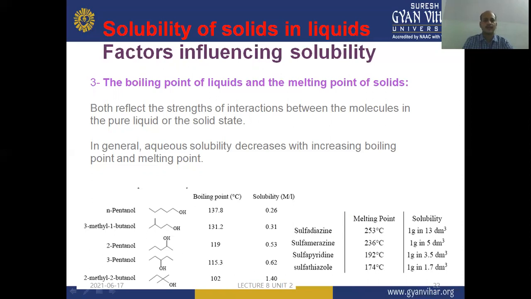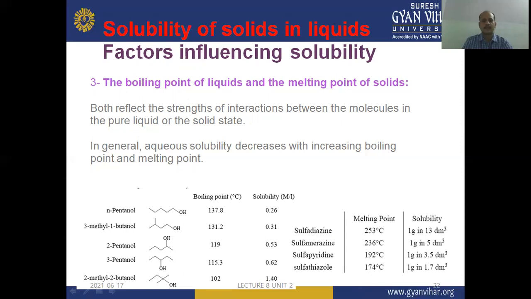Like N-pentanol, where the boiling point is given here 137.8 degrees centigrade and solubility is 0.26 mole per liter. Similarly, when we go through the 2-methyl 2-butanol, where the boiling point is less, given as 102 degrees centigrade, the solubility is higher, 1.40 moles per liter.